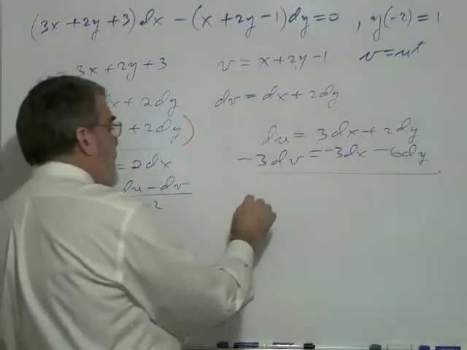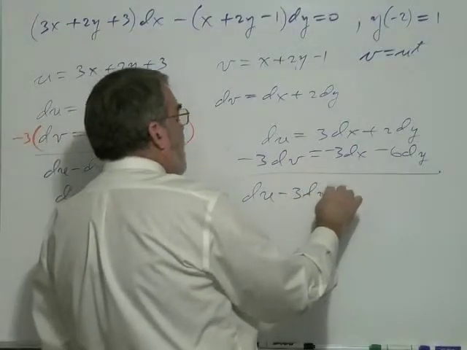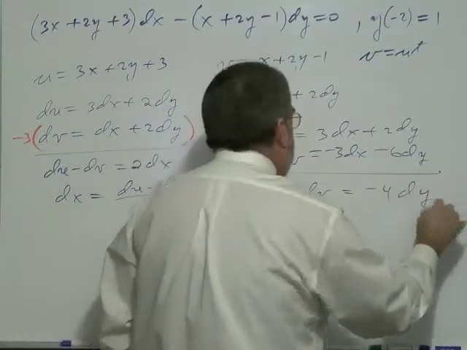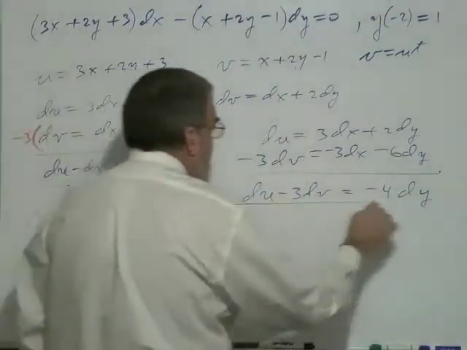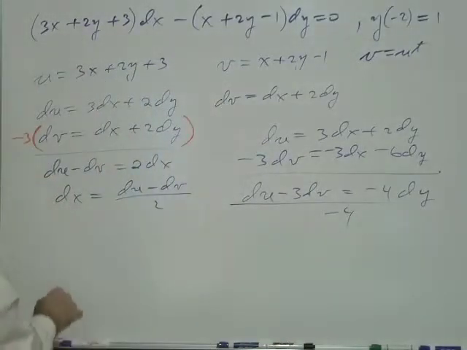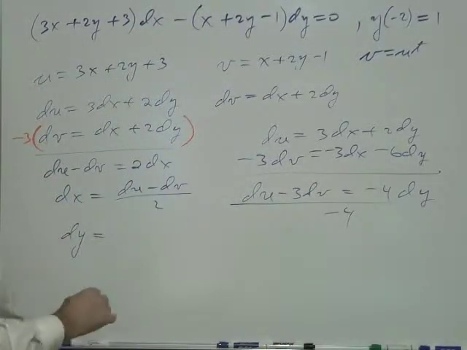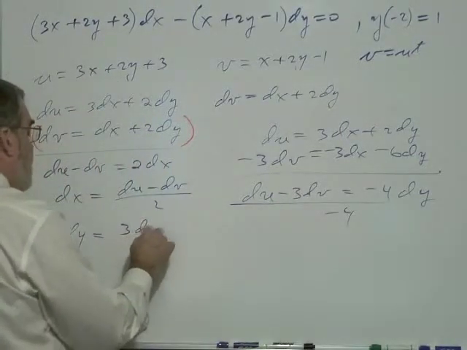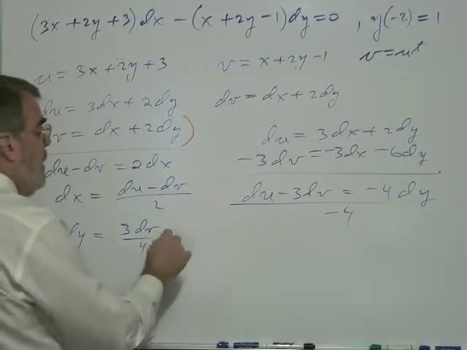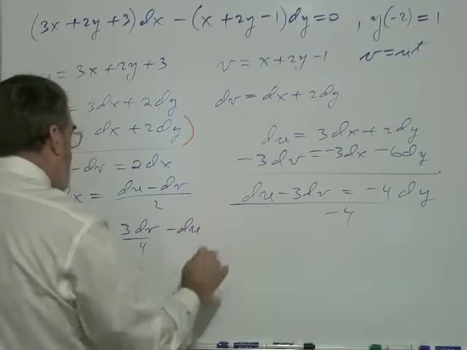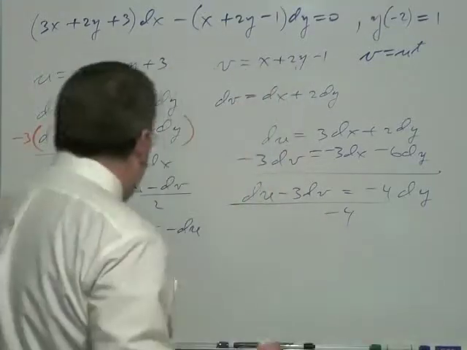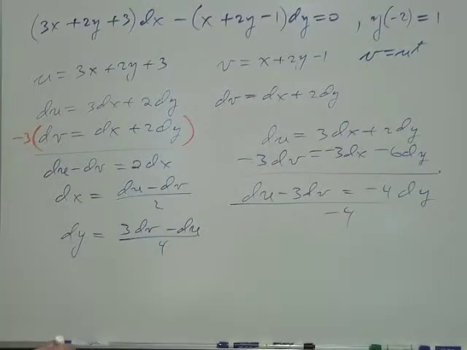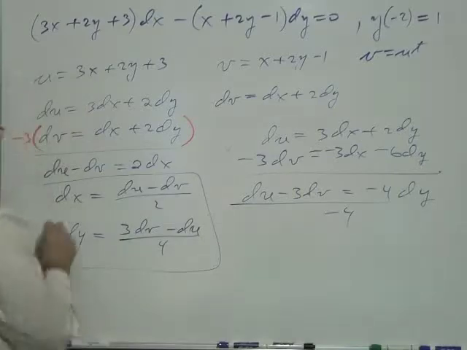Alright, so now we have du minus 3 dv equals, these cancel, -4 dy. So if I divide by -4, I get dy is equal to positive 3/4 dv, so 3 dv over 4, and then minus du. Tell you what, I'm going to put all that over 4. There we go. So I've come up with these substitutions.